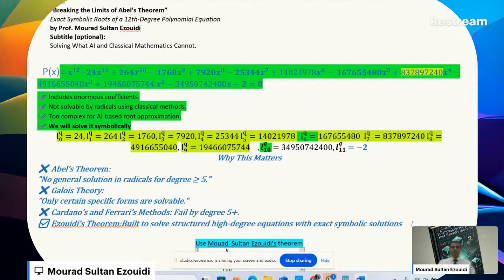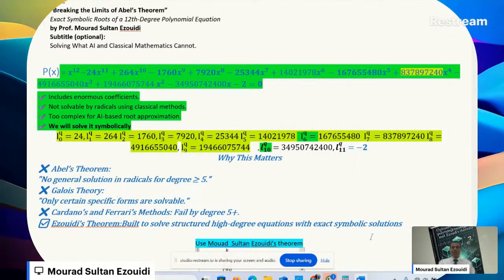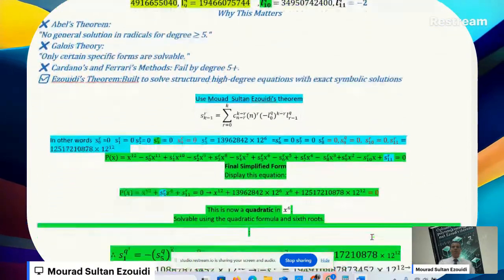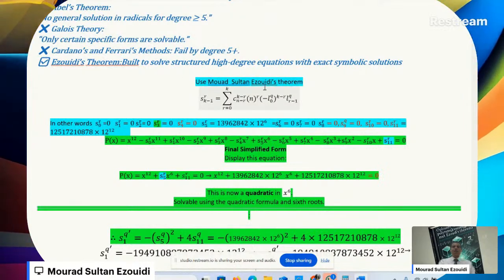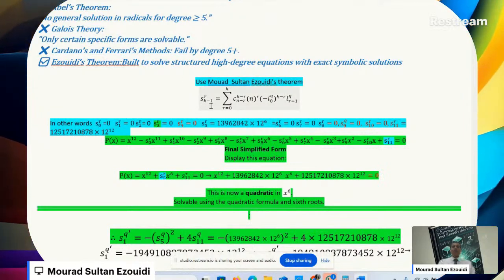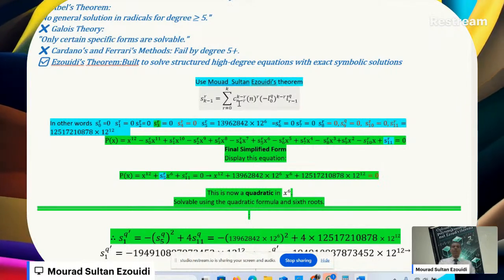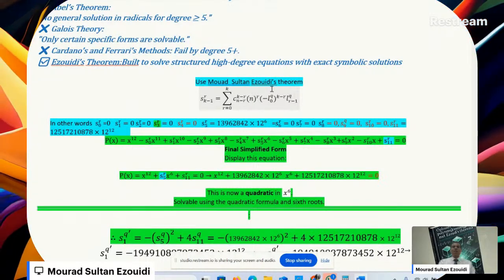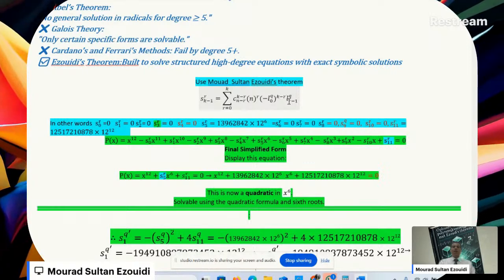So let's apply the theorem of Professor Mourad Sultan Ezouidi and start. This is the theorem: S subscript k minus 1 equals the sum from r equals 0 to k of combination n minus r choose k minus r, times n raised to the power r, times negative 1 over 42 raised to the power k minus r, times L subscript r minus 1.